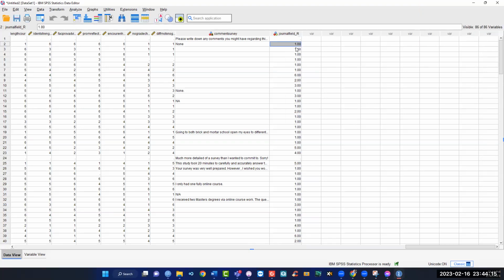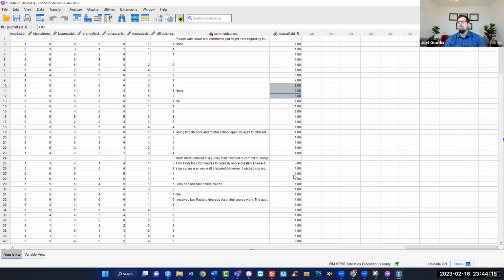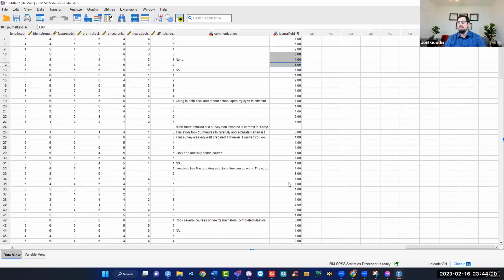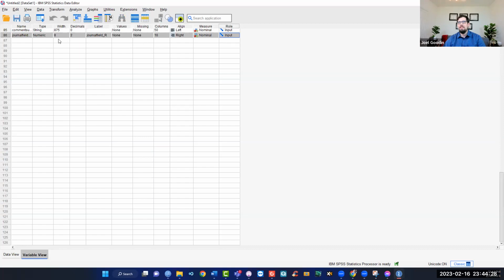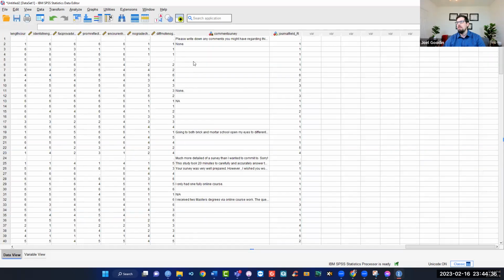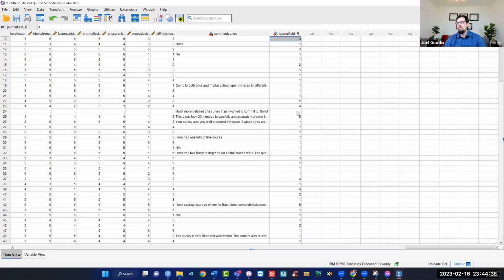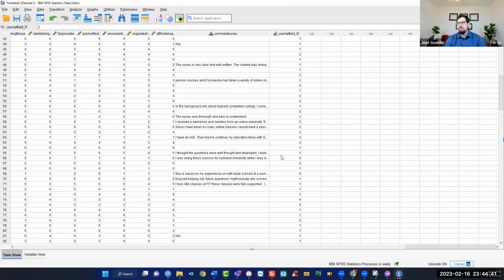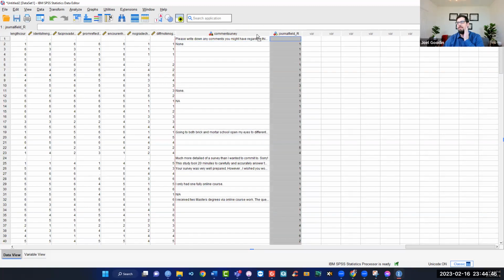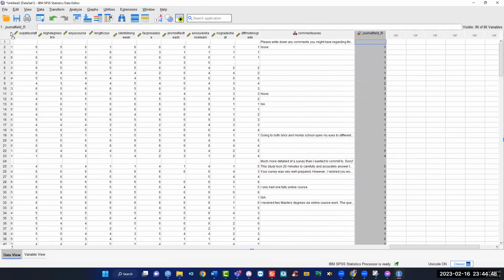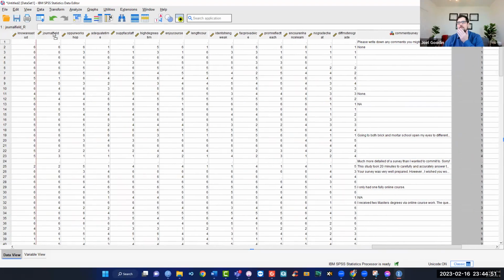This was a reverse scored item. It changed ones to sixes, sixes to ones. You get the deal. And we've got a little decimal issue here. I would get rid of that, but no big deal. Zeros became zeros, and missing became missing still. And then if you wanted, you could actually drag this all the way over next to it.